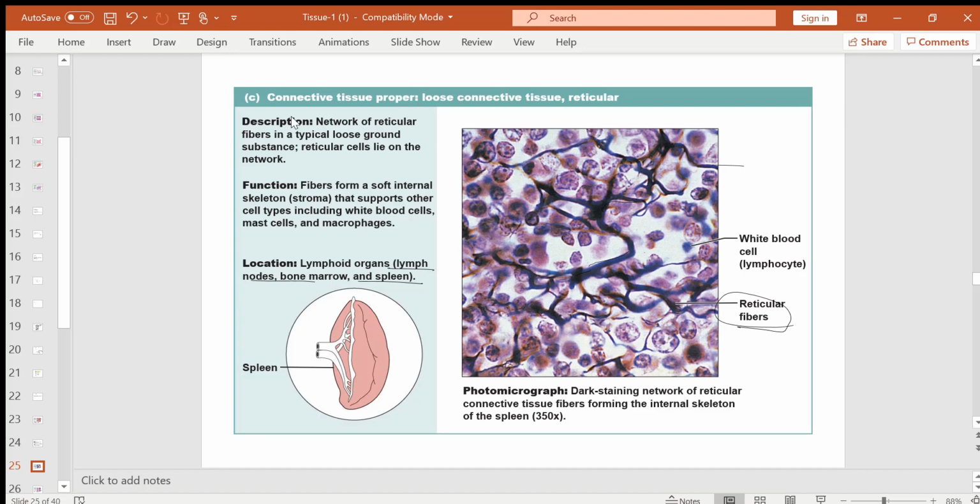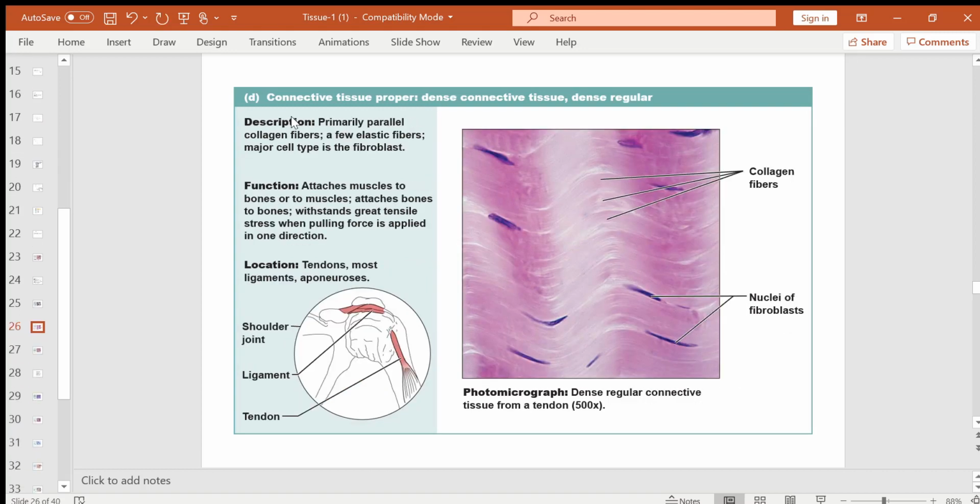Here you see these are collagen fibers, heavily packed. And why it is called regular? Because all the fibers are running in same direction, although wavy, but all of them are going to the same direction. So that's why it is called regular connective tissue, dense, regular here.